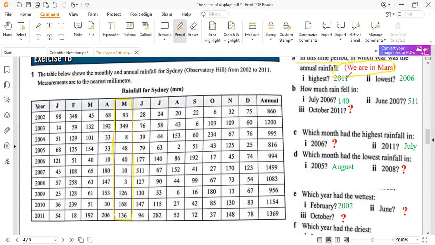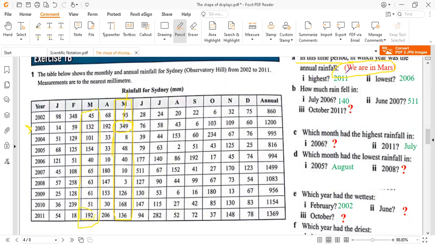In which year was the rainfall highest? It is clearly remarkable that 349 is the highest value from all these Marches, in 2003. In May we have 132, 145, and 192.